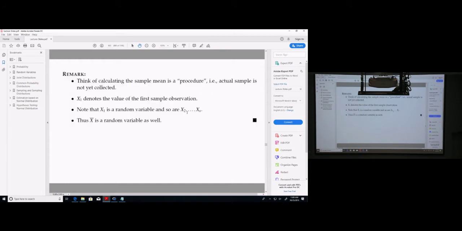So think of calculating the sample mean as a procedure. This is a good analogy. The actual sample is not yet collected, all right? X1 denotes the value of the first sample observation, and then X1 is a random variable. So are X2 up to Xn, and as a result, X bar, the bar is on top, is a random variable as well.